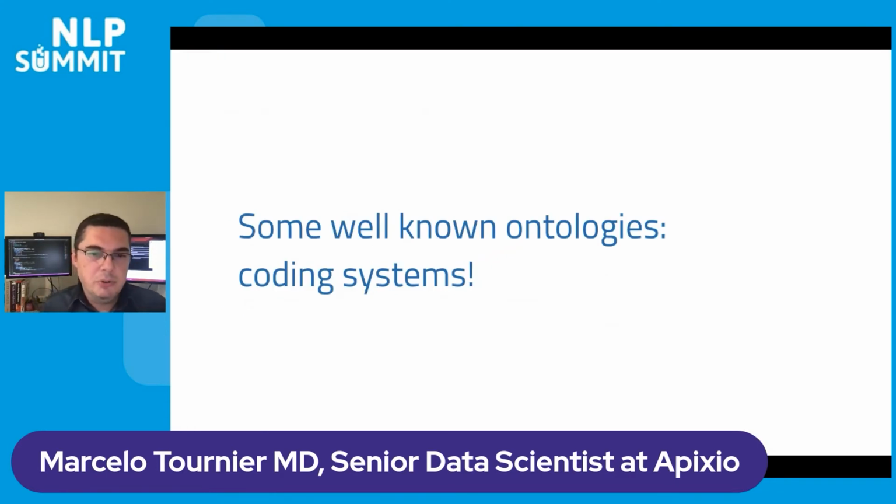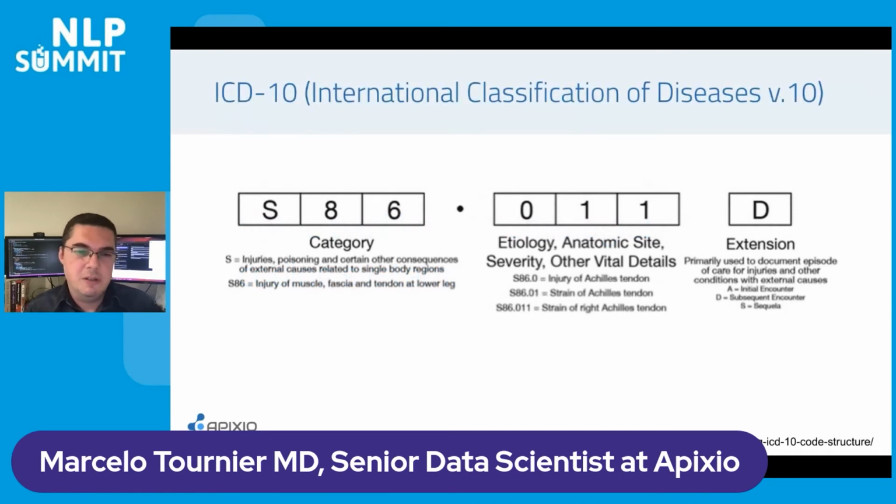So I will show some examples of well-known ontologies, and some people use those things without even realizing they are ontologies. Coding systems in healthcare are some of the most well-known ontologies, and they are ontologies because if you look at the way in which a clinical code is organized, you will easily figure it out. So here's the ICD-10. The ICD-10 is one of the most common coding systems in healthcare. One of the coolest things about the ICD-10 is that, as the name says, it's international.